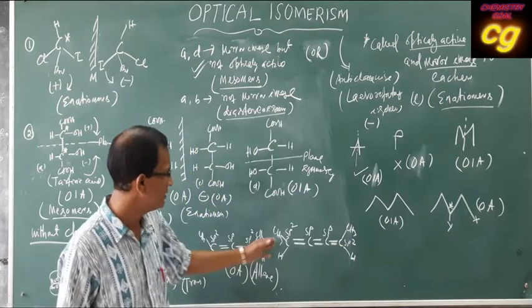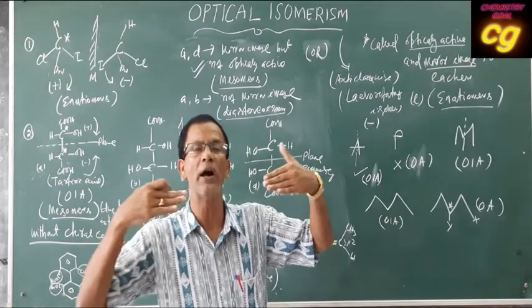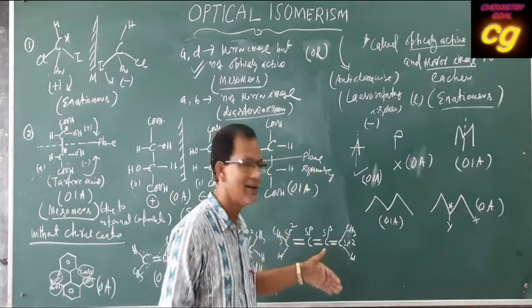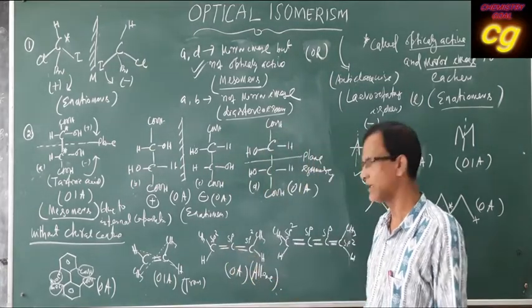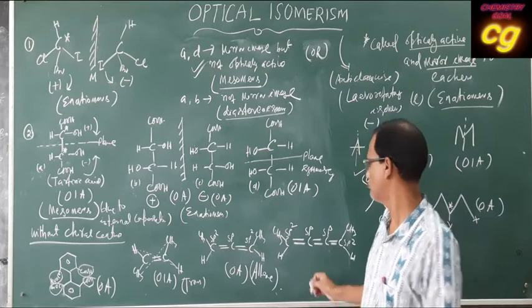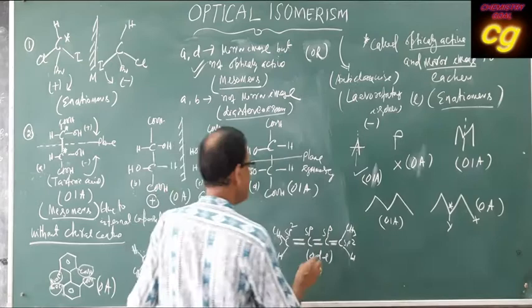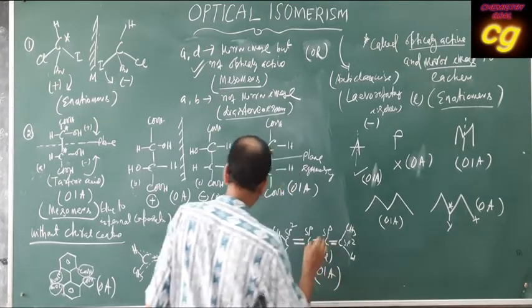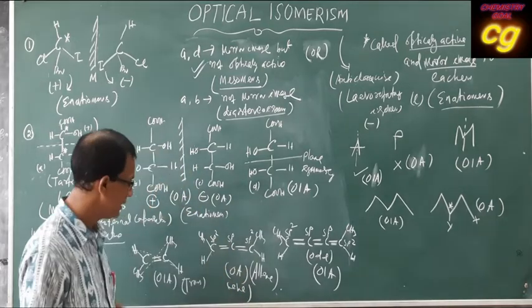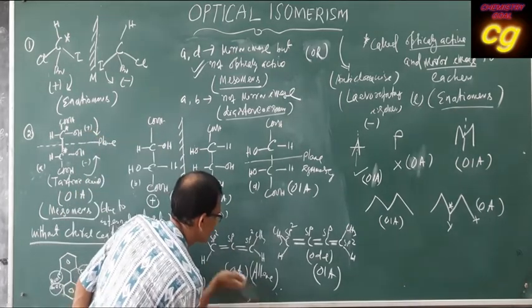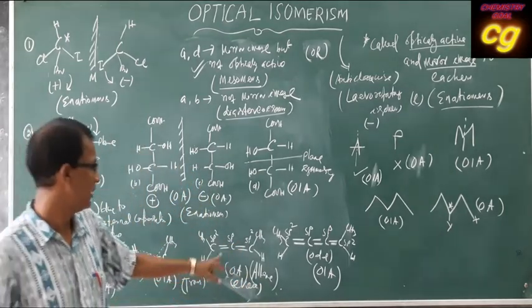Then all will be in one plane. It cannot be that one will be horizontal and the other vertical. In this case, odd means optically inactive. Even case, two double bonds, even means optically active. This is allene.